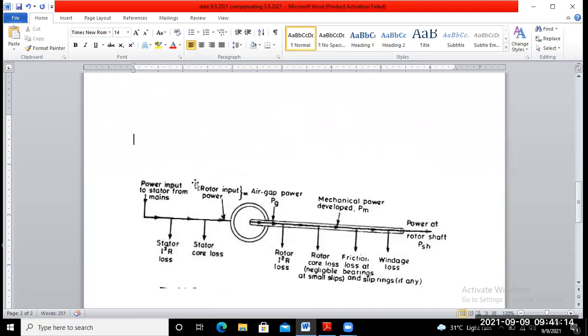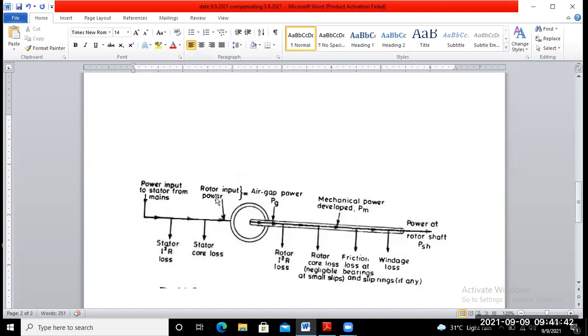So this is the power input to the stator from the mains supply. Whatever power is taken from the supply, some part of the power is lost as the stator I square R loss, and some as stator core loss, and the remaining power goes to the rotor part.